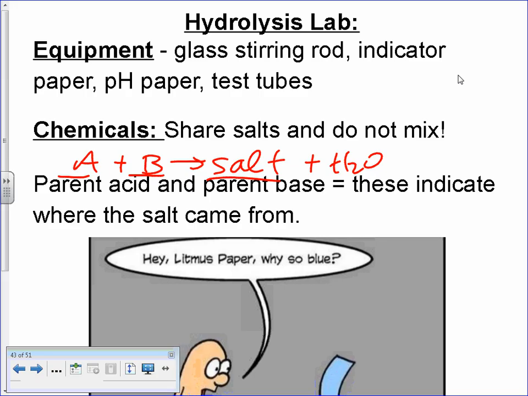Oh, this is the sodium acetate. What do you see? Look at that. This is ammonia.